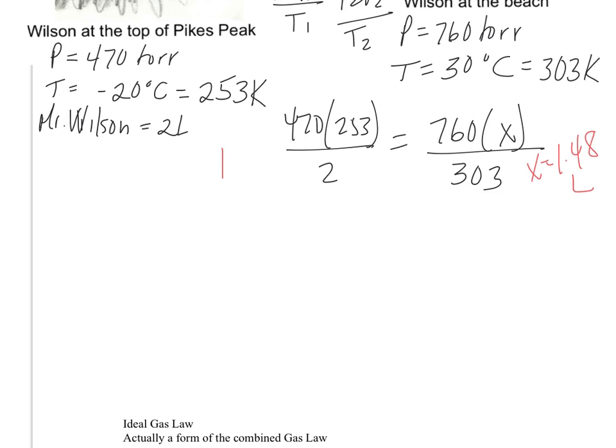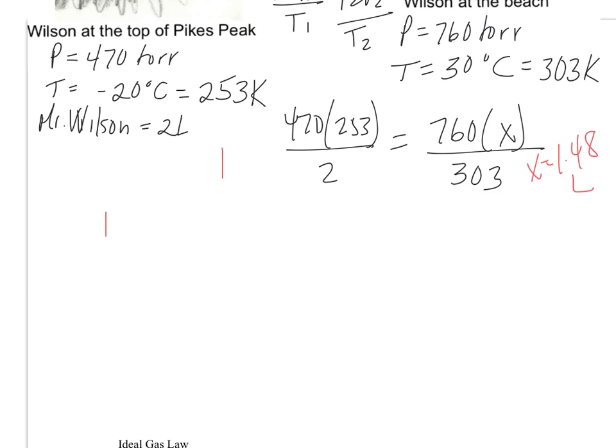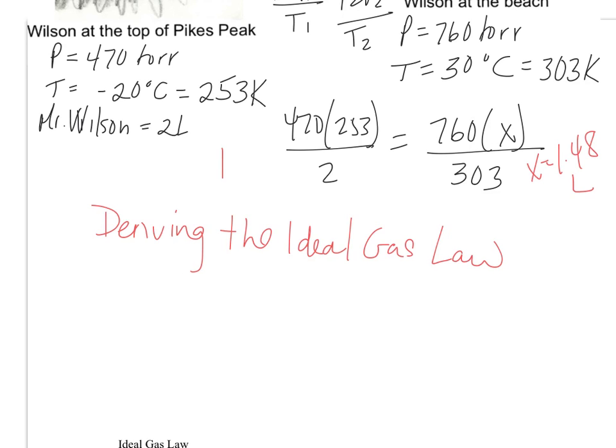Okay, so next is deriving the ideal gas law. You can take a look at this. It's on pages 218 and 219. You're not going to have to do it, but I showed you how we derived the one equation earlier, and for the sake of time, I'm not going to do this.